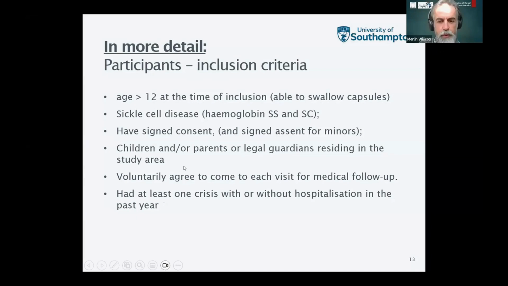And they had to reside in the study area so that they would be able to return for follow-up. They would need to agree to return for follow-ups. And we wanted people who had had at least one crisis in the past year, because obviously if people are already well controlled, they don't have many crises, then it wouldn't be very useful to include them in the trial.